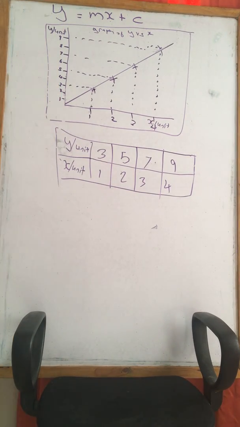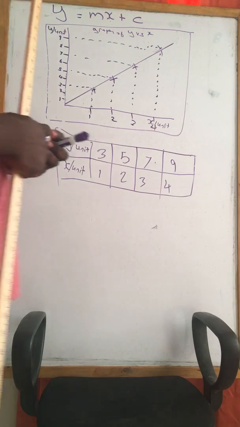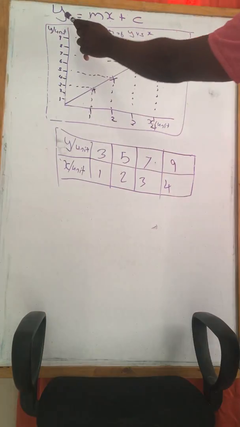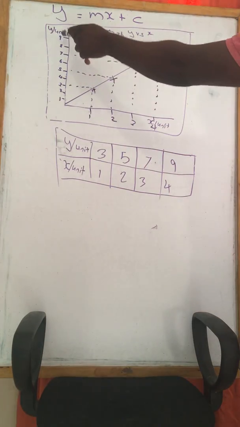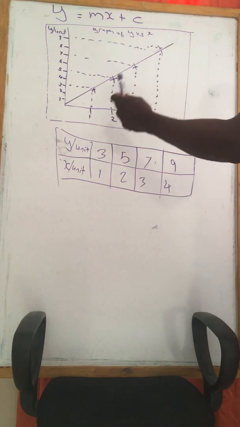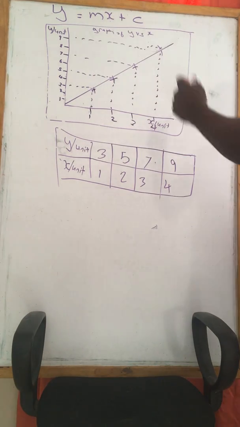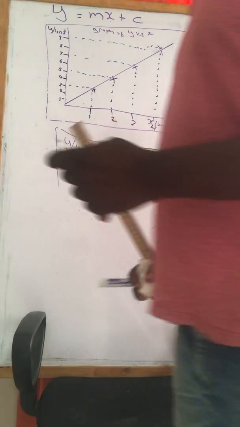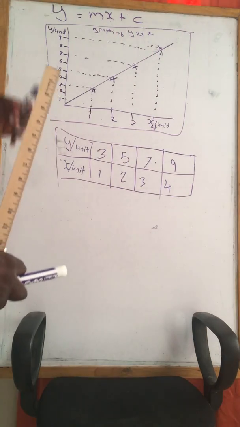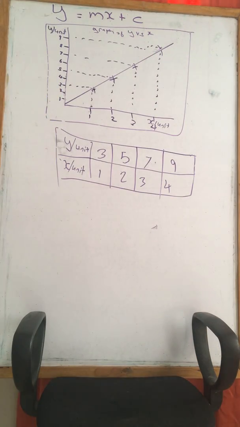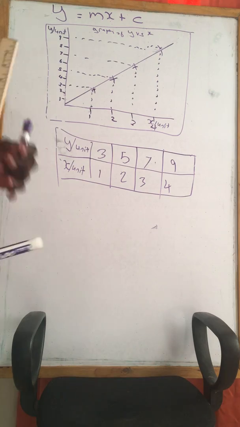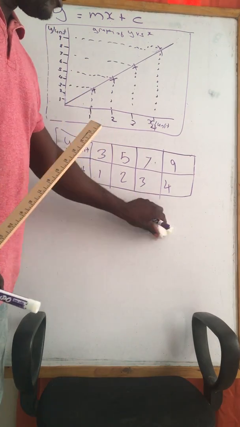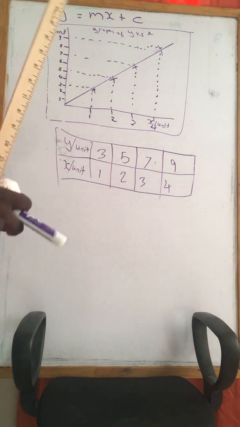Now, so we know y, and these will be my y values. We know the x, but what about m? For the straight line graph, m is known as the gradient. Some persons would say the slope. Some persons would say rise over run, right?